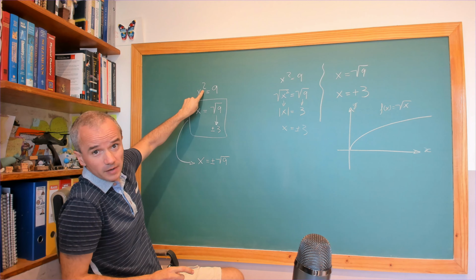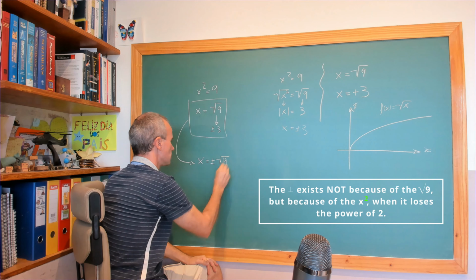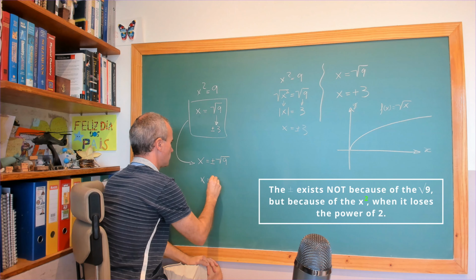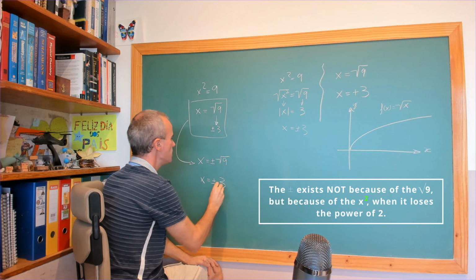Can you see? As soon as the x loses the square root, the right hand side gets the plus or minus. And now we just take the root out. So the plus or minus comes before we take out the square root. Be careful. And only later we evaluate the square root. So the square root of 9 is 3, period. Please don't make this mistake anymore.